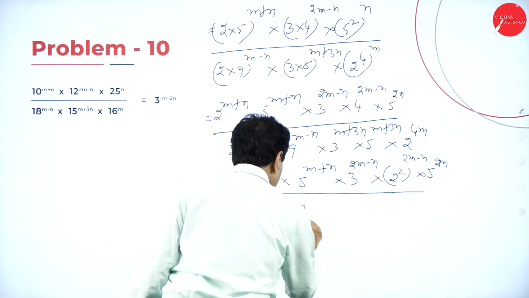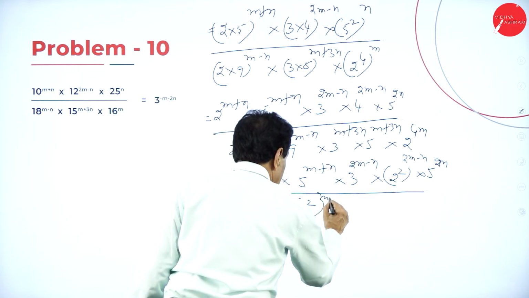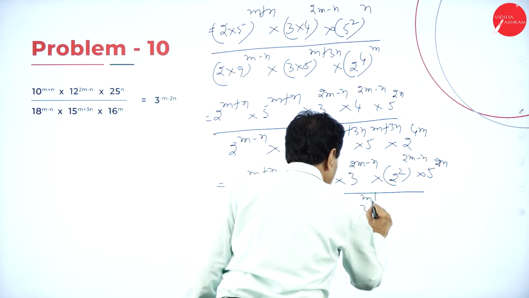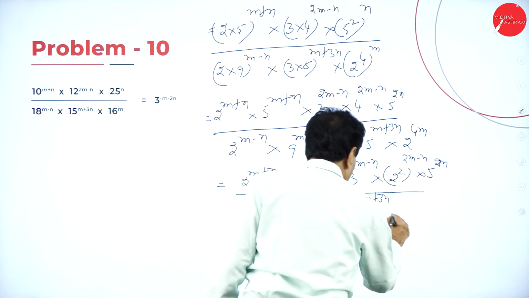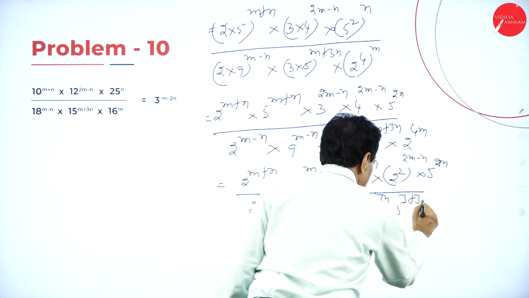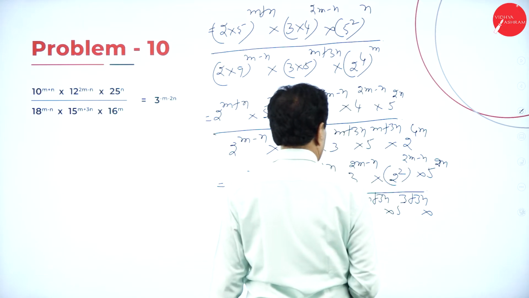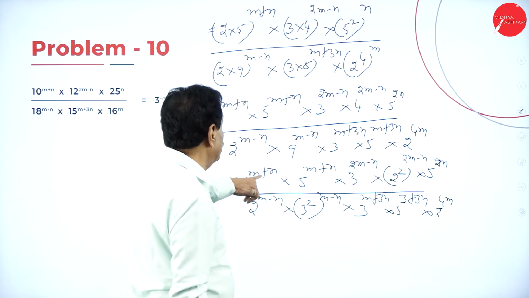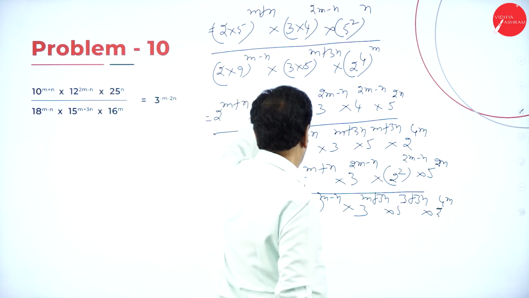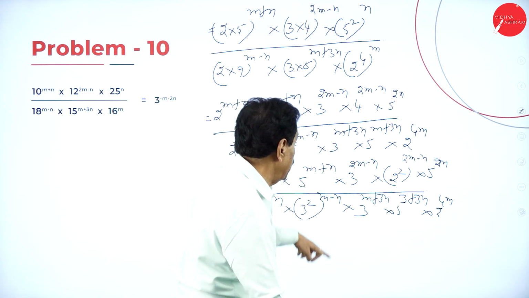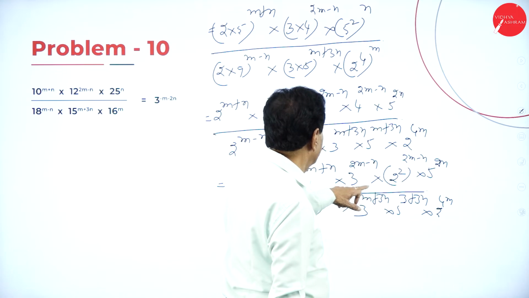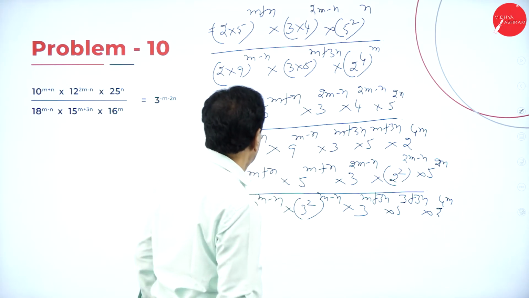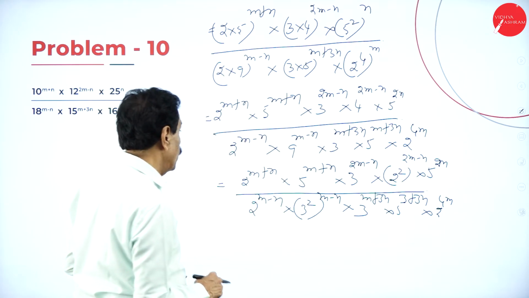This is 3 square to the power of m minus n, 3 to the power of m plus 3n, 5 to the power of m plus 3n, 2 to the power of 4n. This is 2 to the power of m plus n, 5 to the power of m plus n, 3 to the power of 2m minus n, 2 square 2m minus n, 5 to the power of n. Okay, so I have simplified this. We'll go with this now.